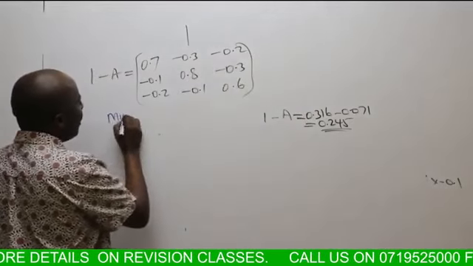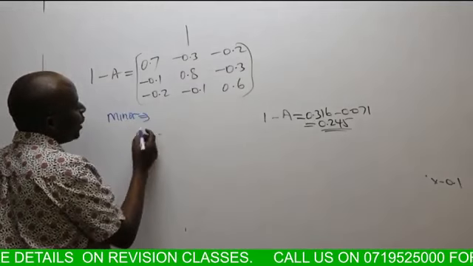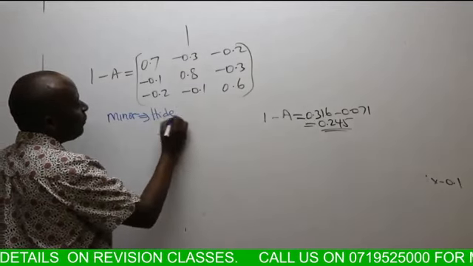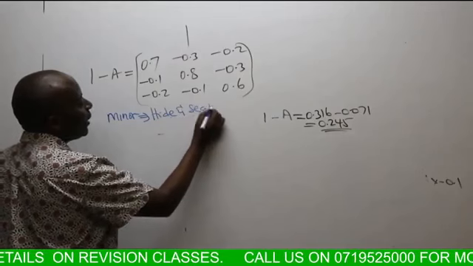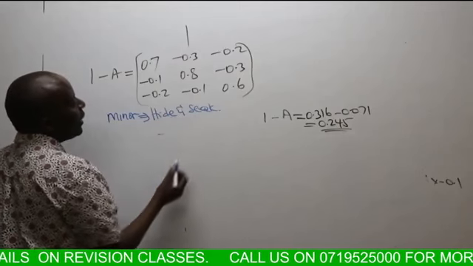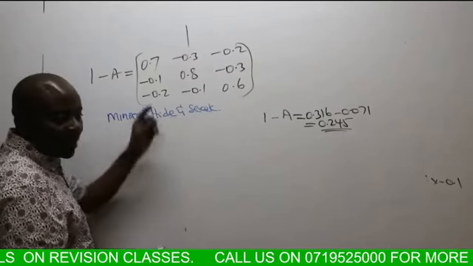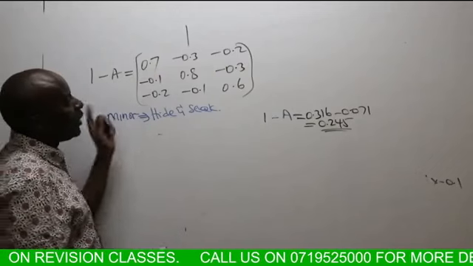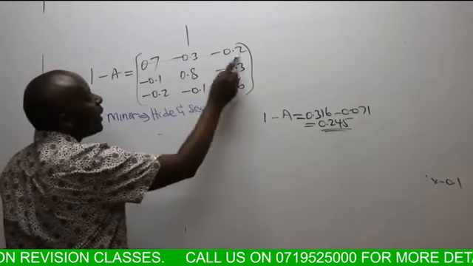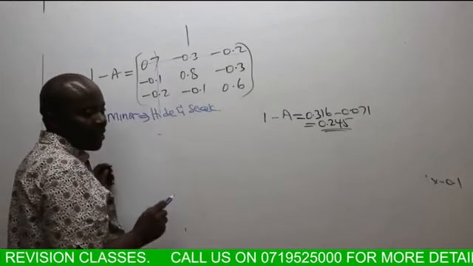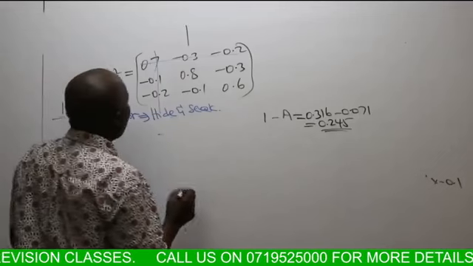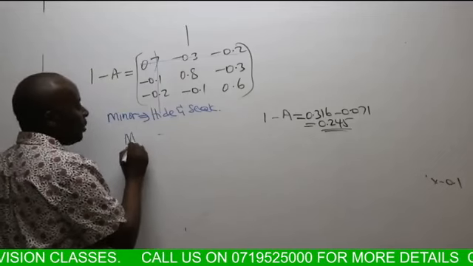If you recall, this is the one we normally use, hide and seek. If you want to get the minor element of this 0.7, you hide it row-wise and column-wise, and then you will be able to give us the minor.